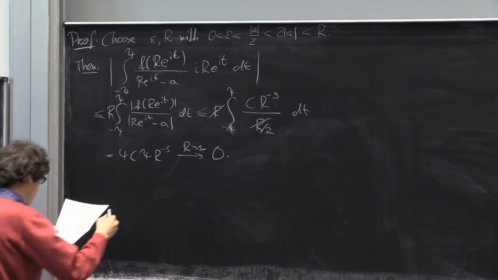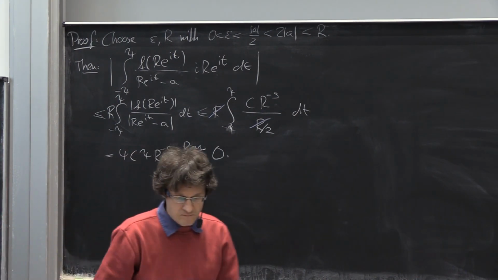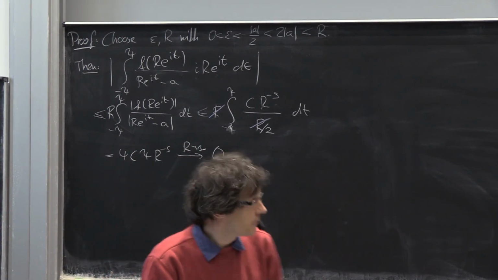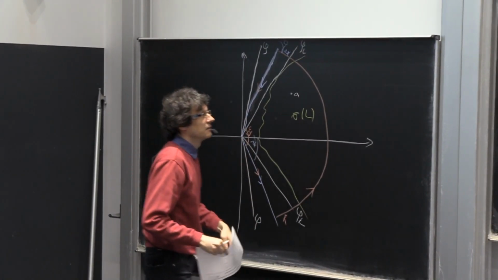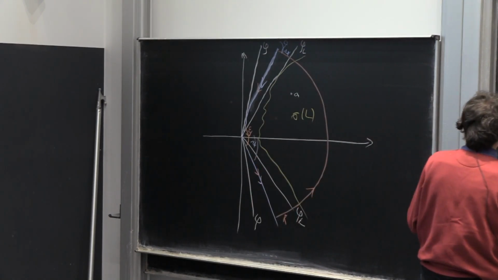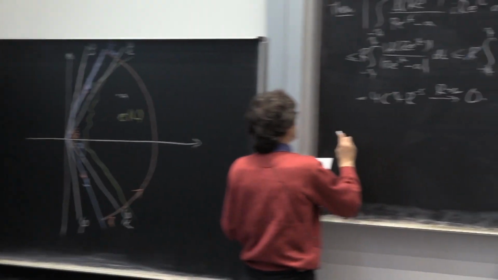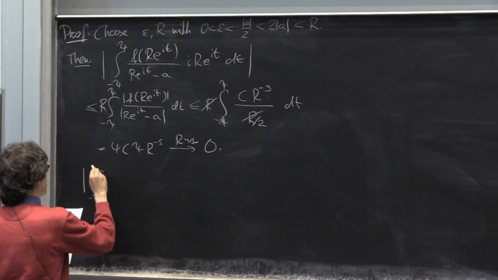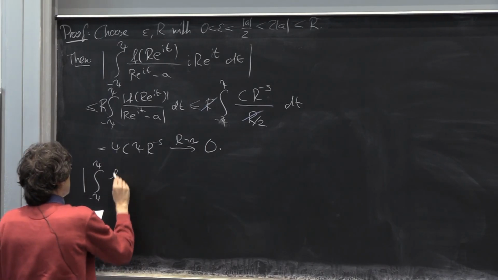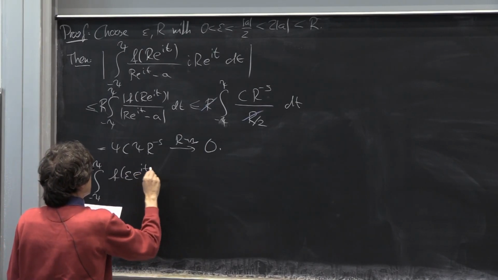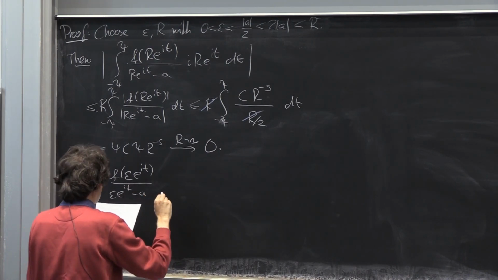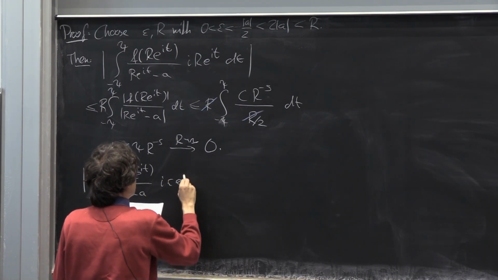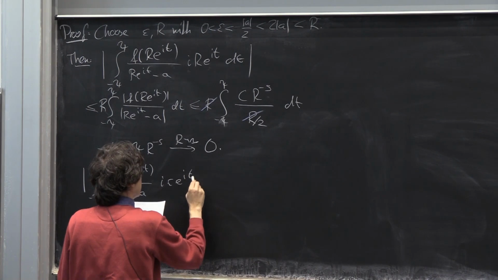And the second, the small red thing here with radius epsilon. Basically you do the same thing. So you integrate from minus psi to psi, f of epsilon e to the it over epsilon e to the it minus a, times epsilon e to the it, dt.